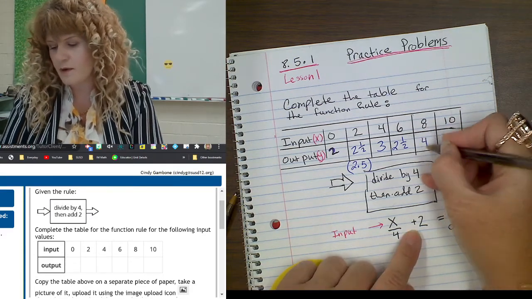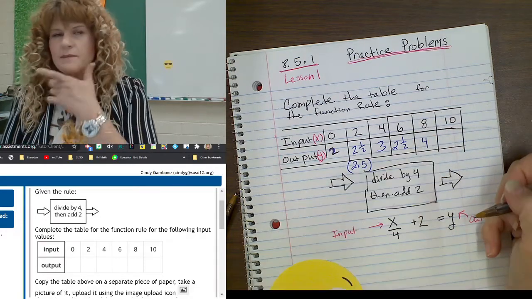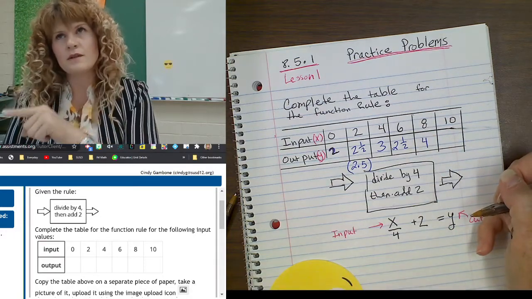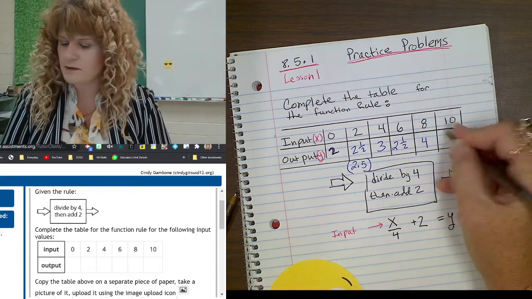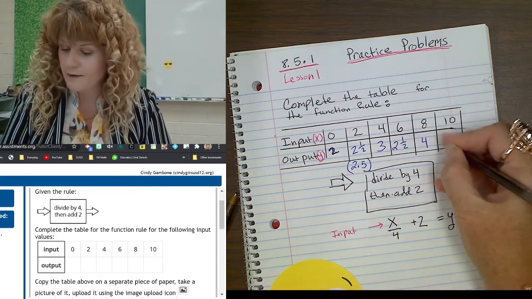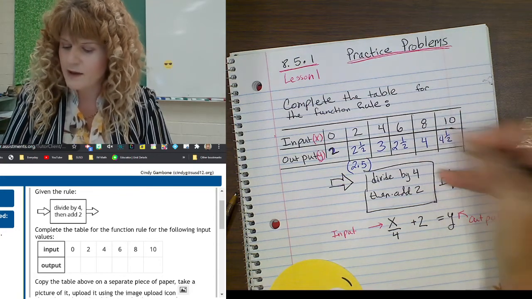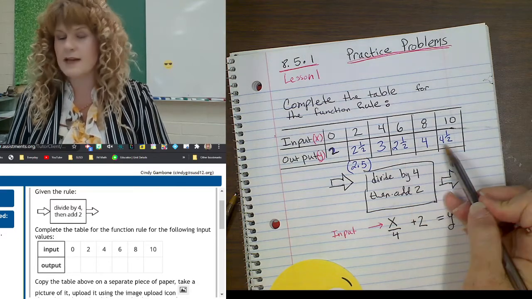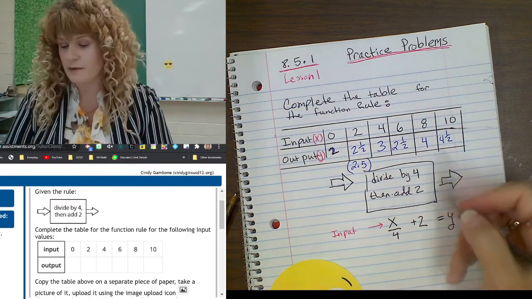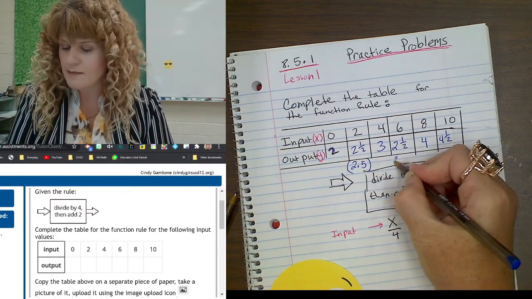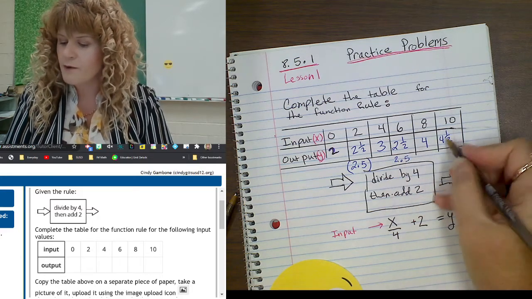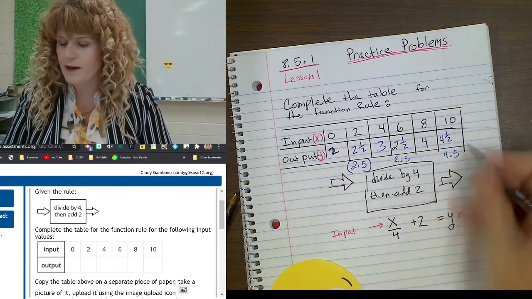Plus 2 is 4. 10 divided by 4 is 2.5. Plus 2, 4.5 is the answer, 4.5. You can write these halves as fractions or decimals. 2 and 1/2 is the same as 2.5. 4 and 1/2 is the same as 4.5.